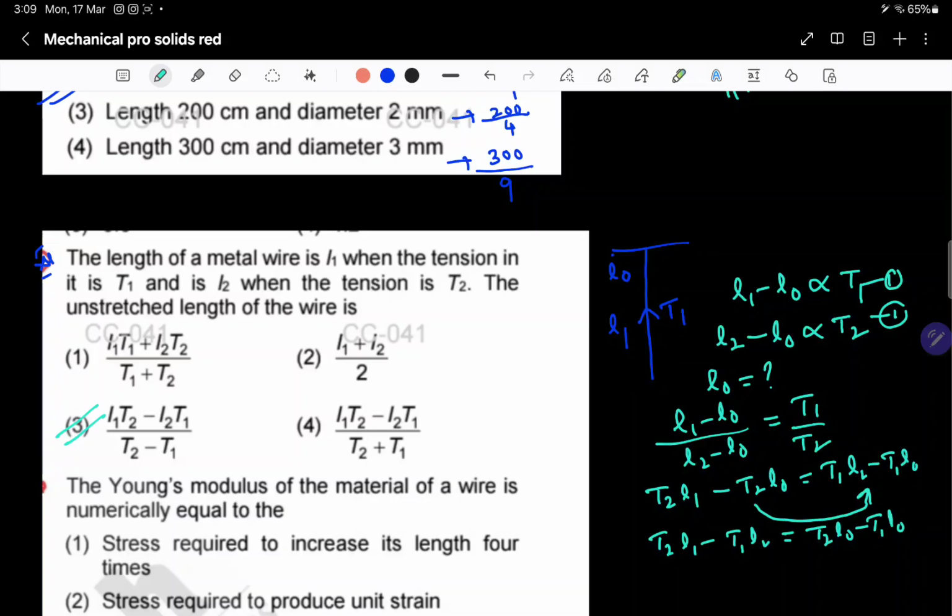L0 is nothing but the original length, the initial length, the unstretched length, students. Okay. So sometimes it is a formula based question only, sometimes the length of the wire is 5 centimeter, tension in the string is 20 newtons, like that questions also. These formula related questions they will also ask, students.